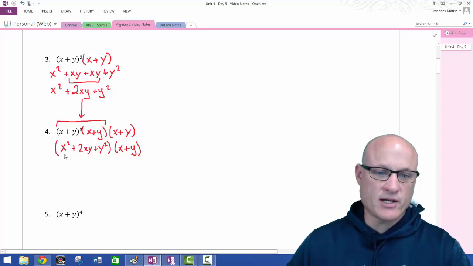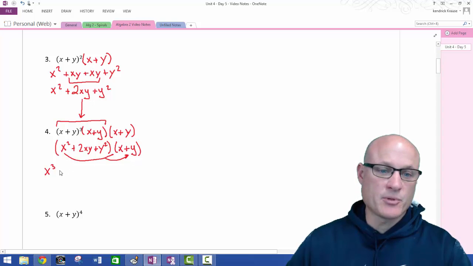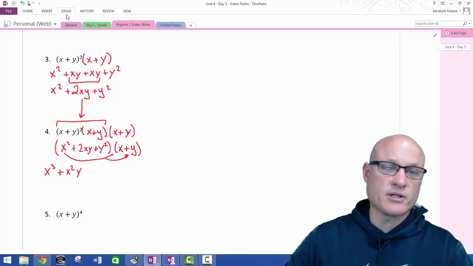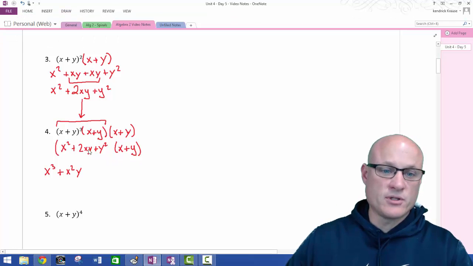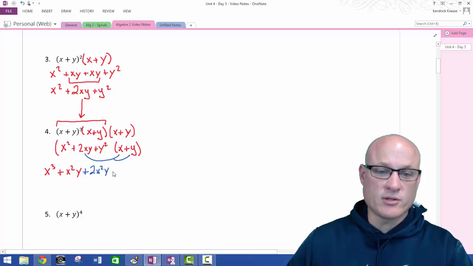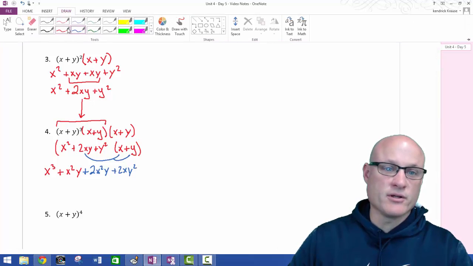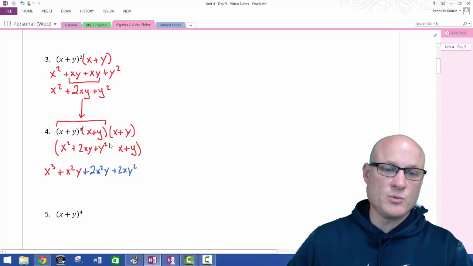All right, we're going to multiply this x squared times this x, and I get x cubed. And then I'm going to multiply it times the y, and I get plus x squared y. Next, I'm going to multiply 2xy times x, so it's going to be plus 2x squared y, and then times y, it's going to be plus 2xy squared.